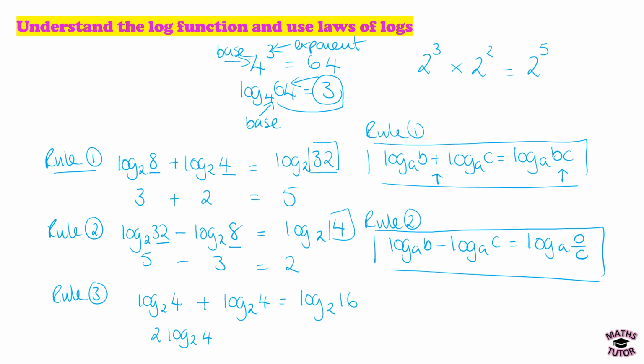Now the relationship here is that this number on the front comes up as a power, because that's the same as log to base 2 of 4 squared, which is our log to base 2 of 16. So if we've got k log to base a of b, then that number on the front just comes up and it's the same as log to base a of b to the k.